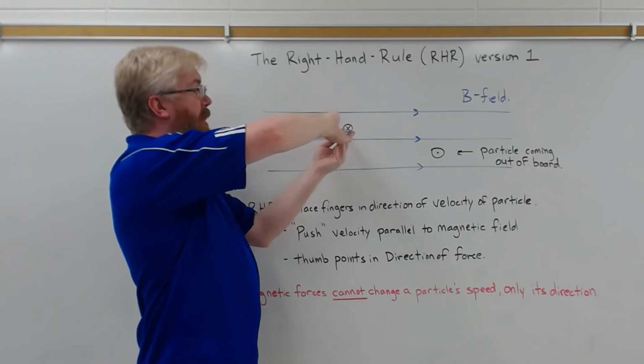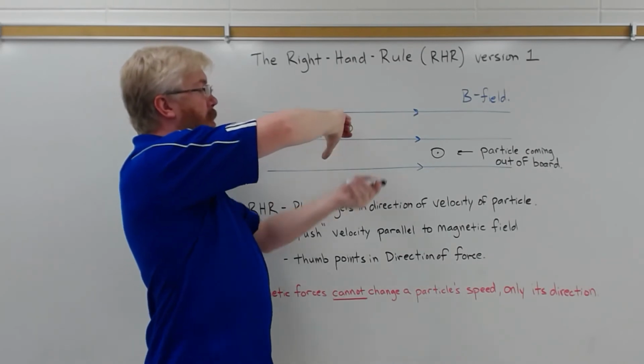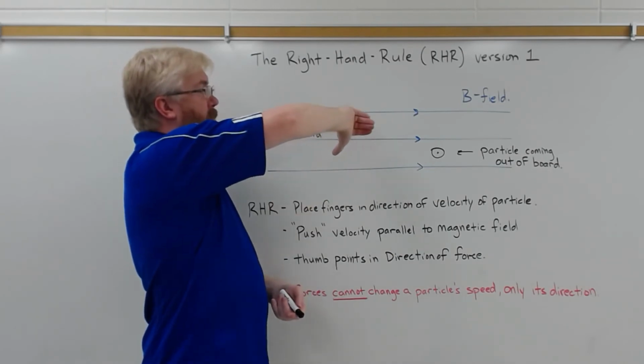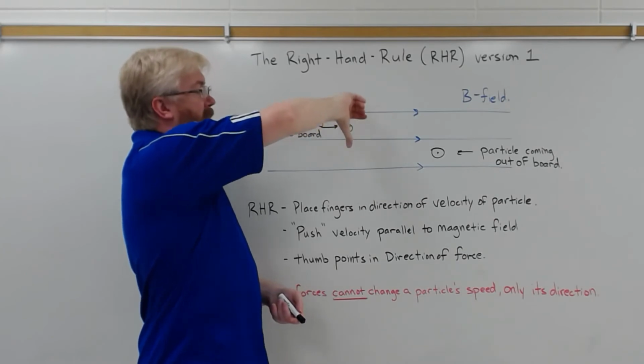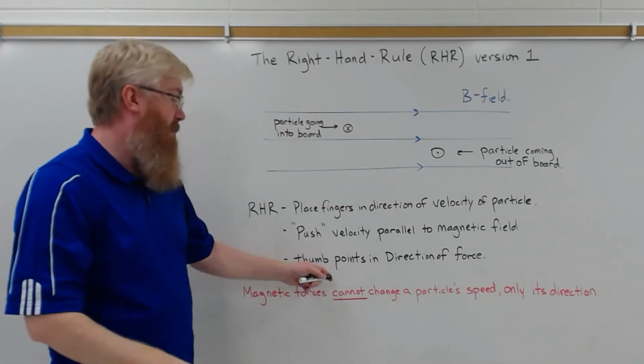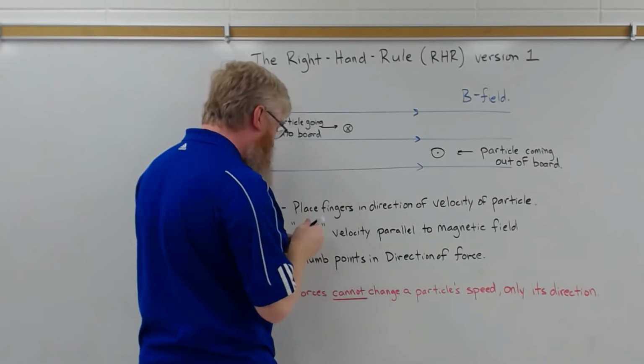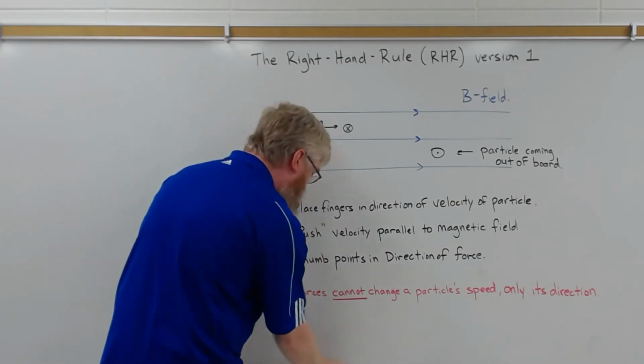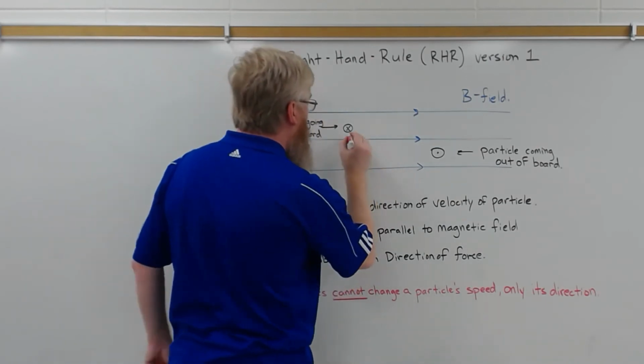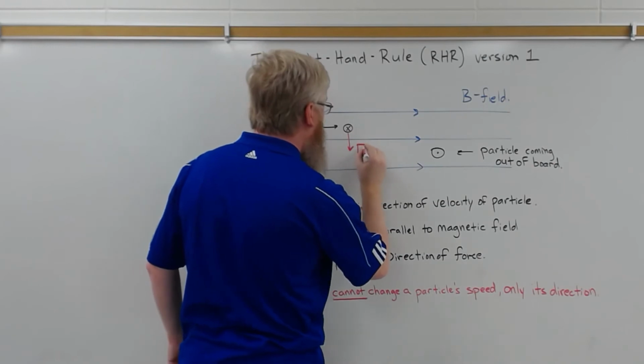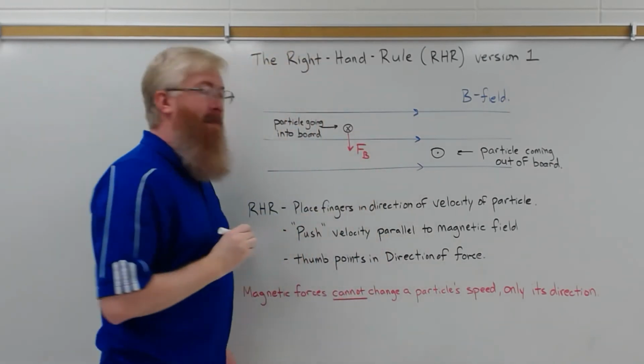So fingers in the direction of the velocity first, then curl my fingers toward the direction of the magnetic field, and my thumb points in the direction of the force. This particle will experience a force, let me draw it here in red. The magnetic force for this particle will be down.